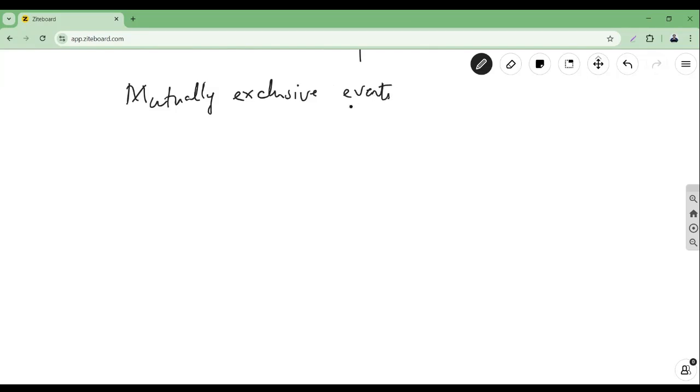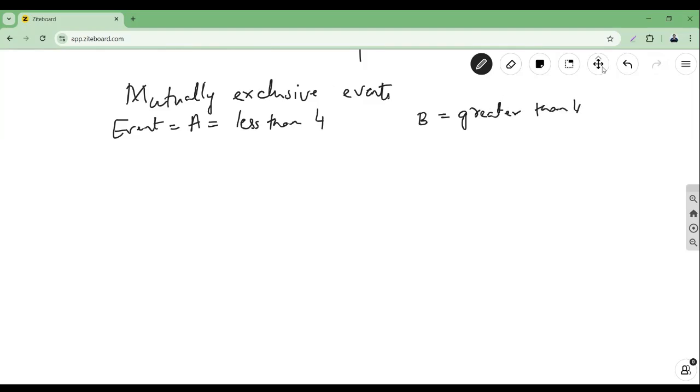Mutually exclusive events means, let's say in the same throwing of dice, I choose an event called A, which says less than 4, and another event, say B, which is greater than 3.